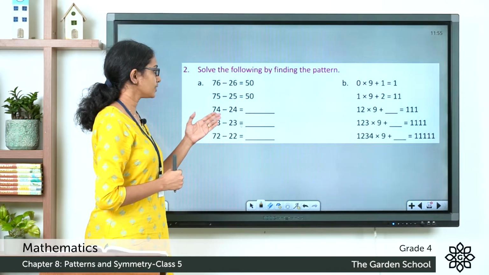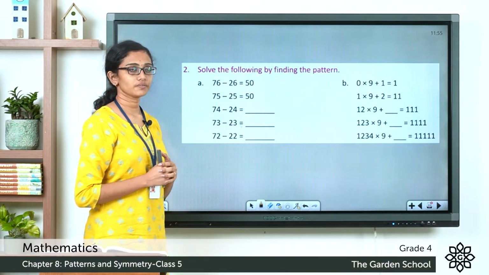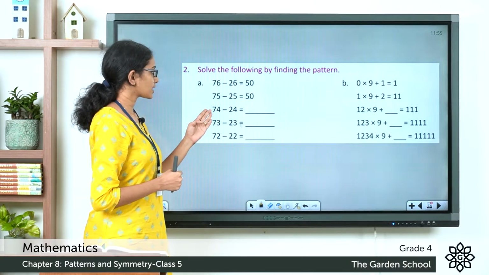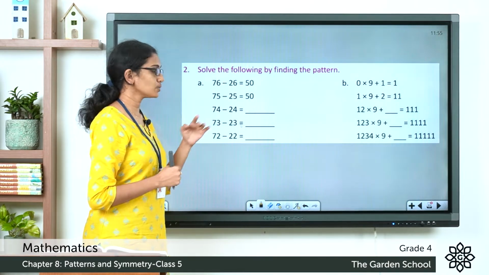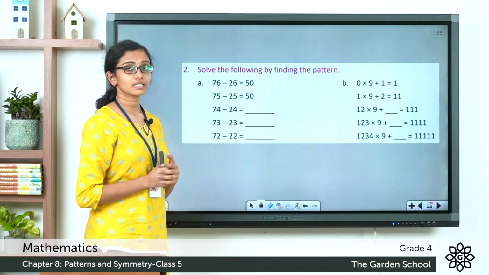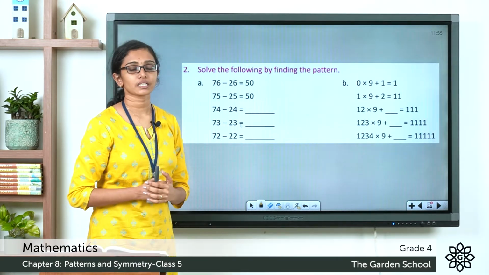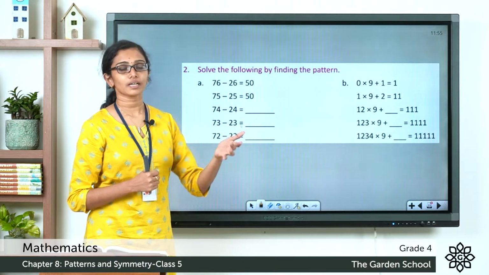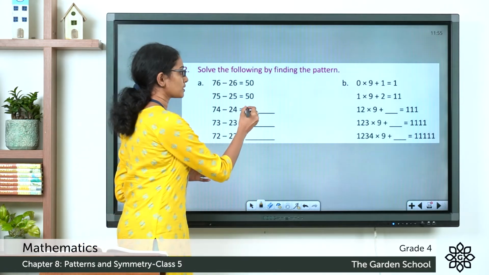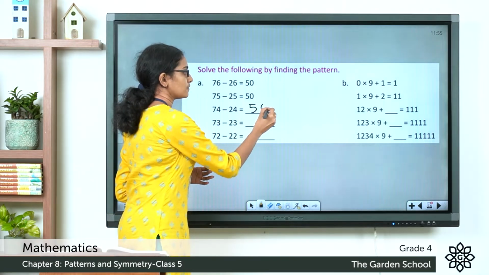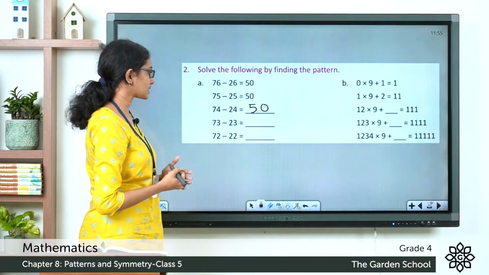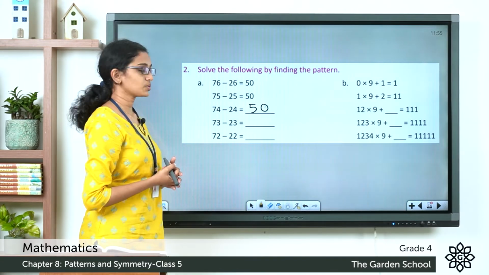Now, in the third line, you can see 74 minus 24, which is 76 minus 2, 74, and 26 minus 2, 24. What will be the difference? The same number is subtracted from both the minuend and subtrahend, so the difference is going to be the same. It will be 50 itself. Now, what about the next line? 73 and 23.